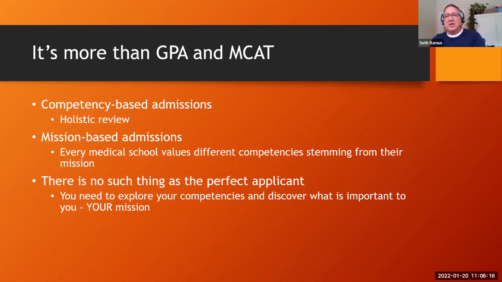So if it were only grades, that wouldn't be true. And this is something I see every year. Students with high metrics that are not accepted, and students with low metrics who are. That does not mean that every student who has a 3.2 or a 3.3 is going to get in, and that doesn't mean that every student with high metrics isn't, right? It just means that they're looking at more than just the metrics.